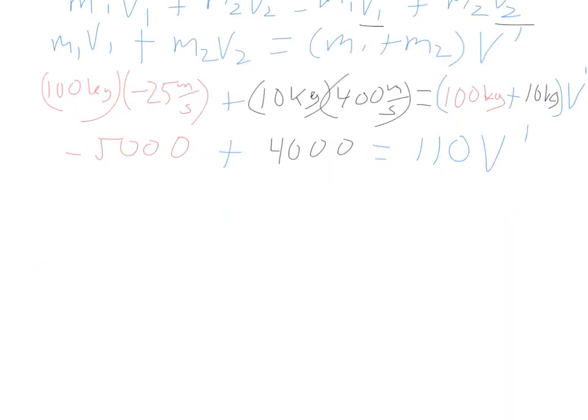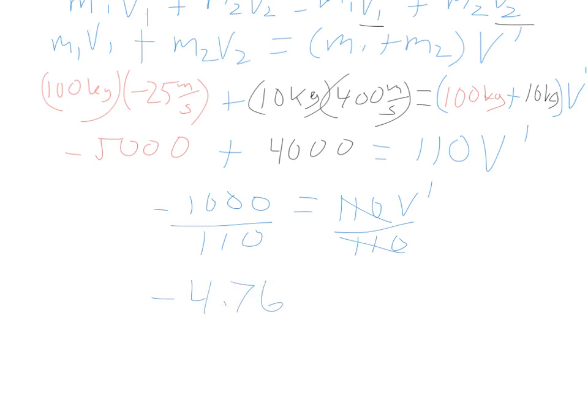Jumping back down here, I see that I wind up with negative 1,000, which is the sum of adding negative 5,000 and positive 4,000, equals 110 times v prime. And then my last step is to divide out that 110. So that cancels, and I go to my calculator, and I'll find negative 4.76 as my answer.